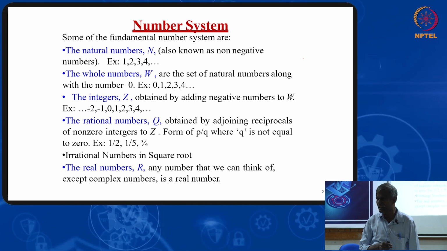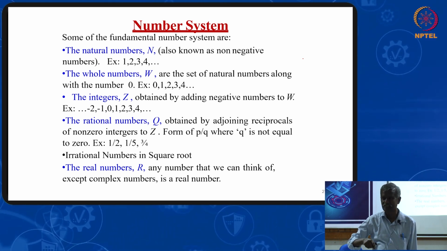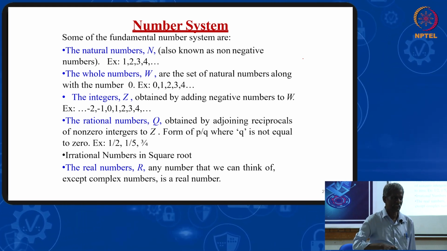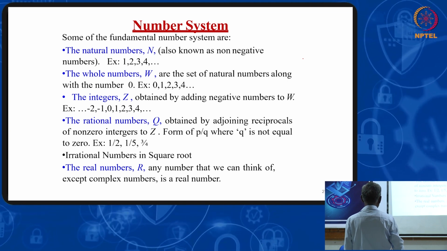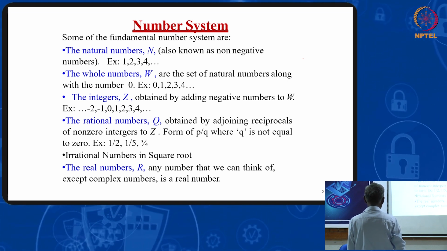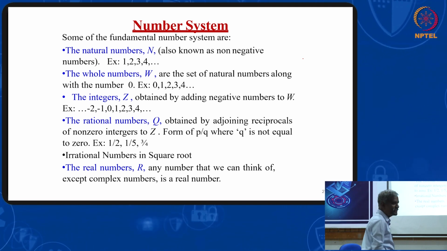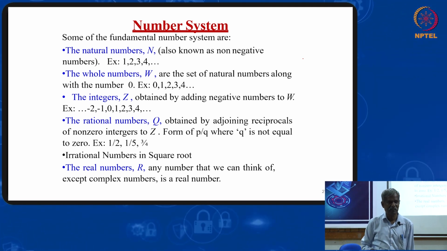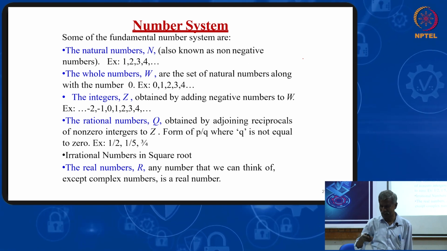These are all real numbers. Integer means the decimal point will not be there. So the real numbers, any number that we can think of, except a complex number, is a real number. Complex numbers will have one real part, one imaginary part. A plus iB, we are having that form.